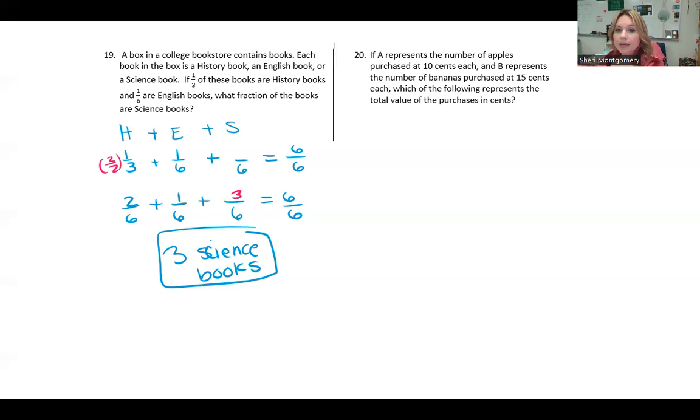It's easy. It says, if A represents the number of apples purchased at 10 cents, B represents the number of bananas purchased at 15 cents, which of the following represents the total value of purchase in cents? There's not which of the following because I took off the multiple choice. But if we're buying things, we're buying apples and bananas.